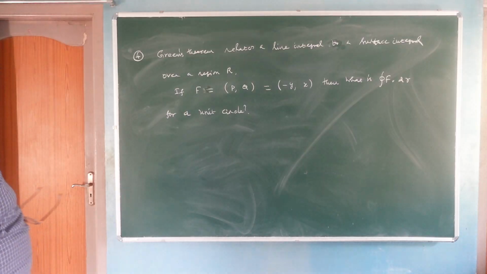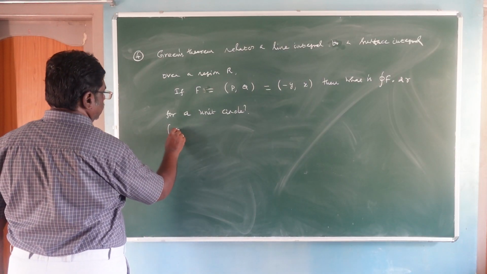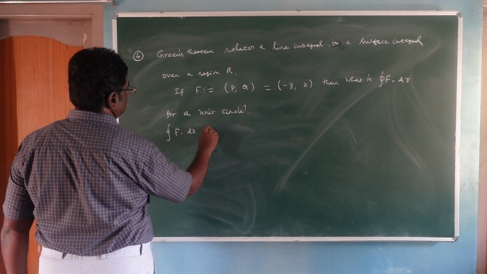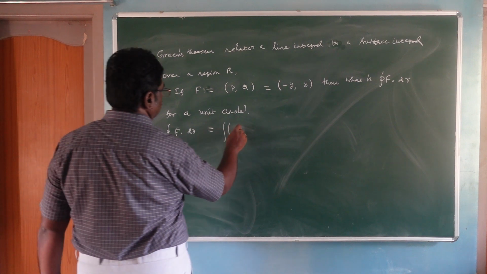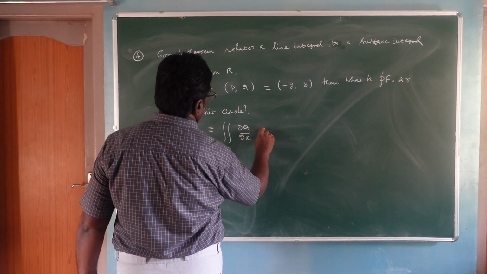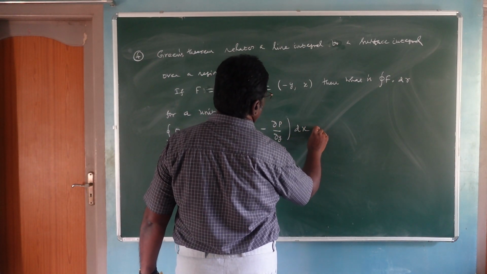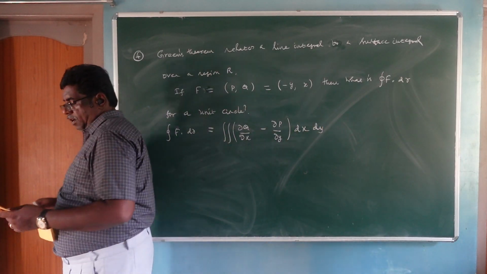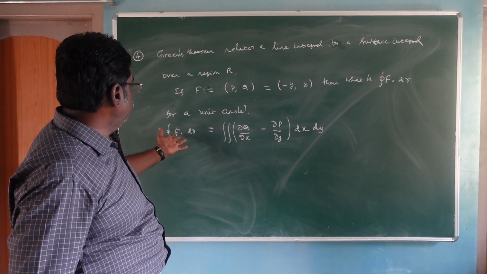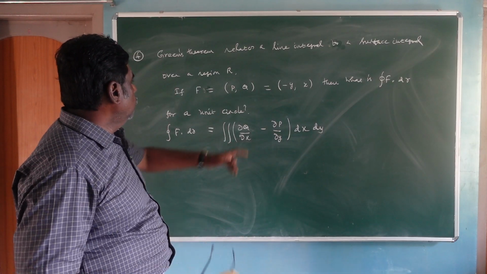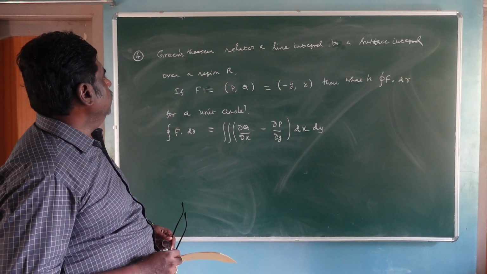Now we have to utilize Green's theorem. Integral F dot dr is equal to the double integral of (dou Q by dou x minus dou P by dou y) dx dy.